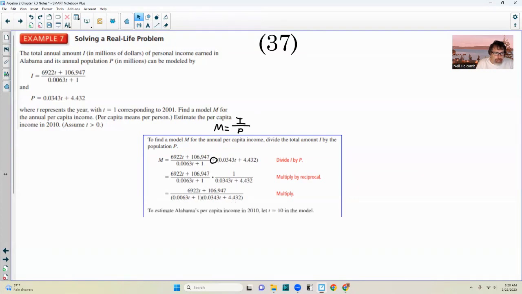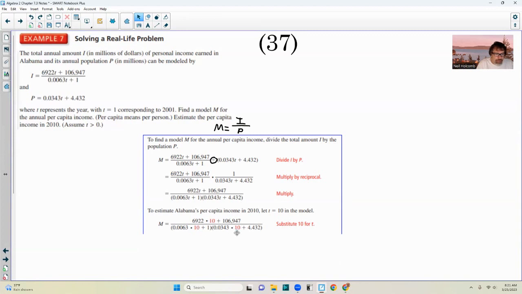Okay, to estimate Alabama's per capita income in 2010, it says to let T equal 10 in the model. So we don't want to simplify this or anything. We just leave it as is, and then we just plug in T equals 10 into that model. And it's going to look like this. 6922, here's a T, so put a 10, plus 106,947, divided by 0.0063, here's a T, so we put a 10, plus 1, times 0.0343, here's a T, so we put a 10, plus 4.432.